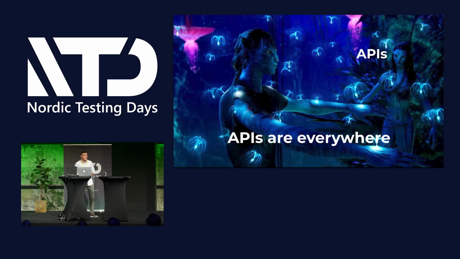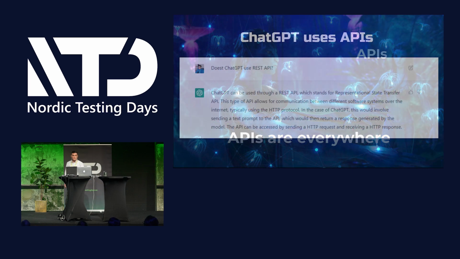Just 3 terms. And APIs. Who doesn't know what an API is? Everybody knows? API stands for application programming interface. We are living in an increasingly API-centric world. Every service we use today either uses an API or is an API itself. Even ChatGPT uses an API.